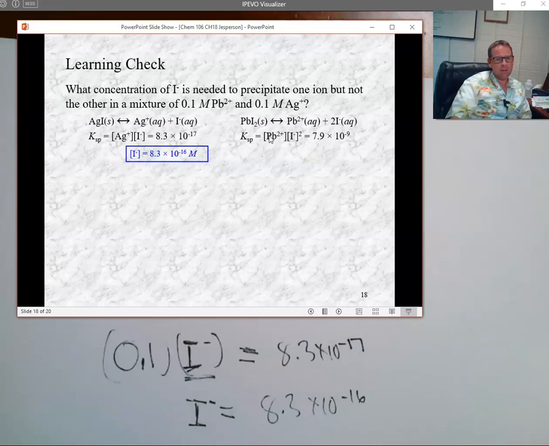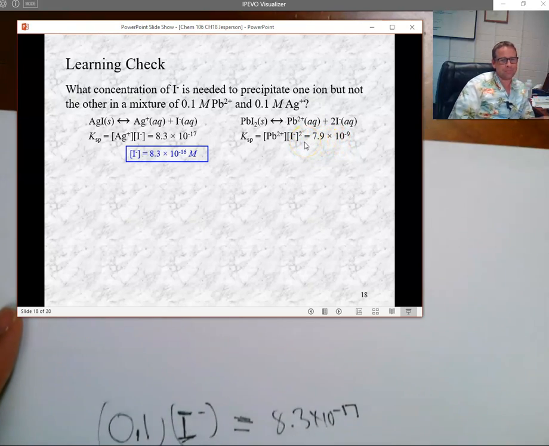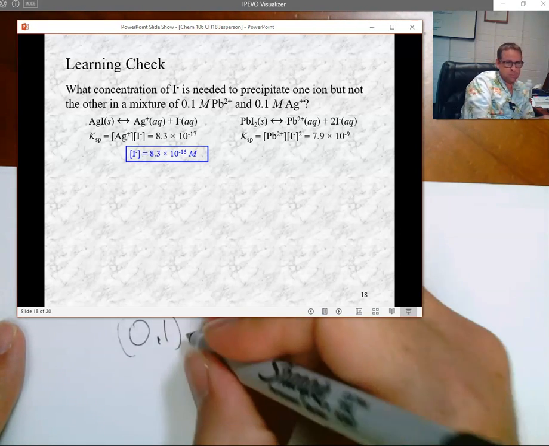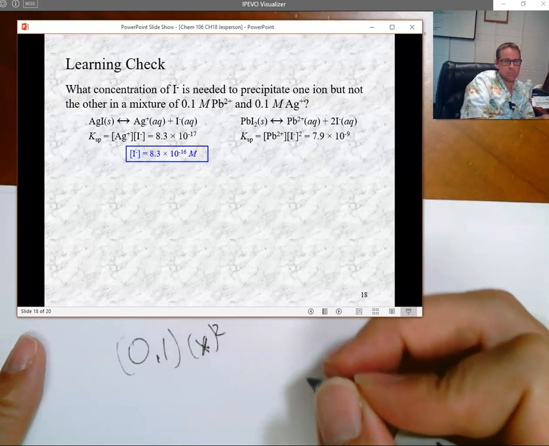If we do this for the lead, what's the iodide ion concentration necessary to precipitate out the lead? Can you tell there, Alyssa? Well, the I has to be squared, so it would be 7.9 times 10 to the negative 10, square root of that.